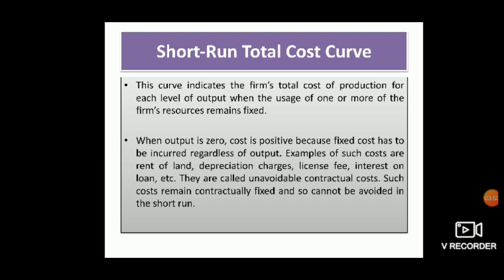If the firm wants to increase output in the short run, it can do so only with the help of variable factors, by using more labor and by buying more raw material. Thus, short run is a period of time in which only variable factors can be varied, while the quantities of fixed factors remain unaltered.